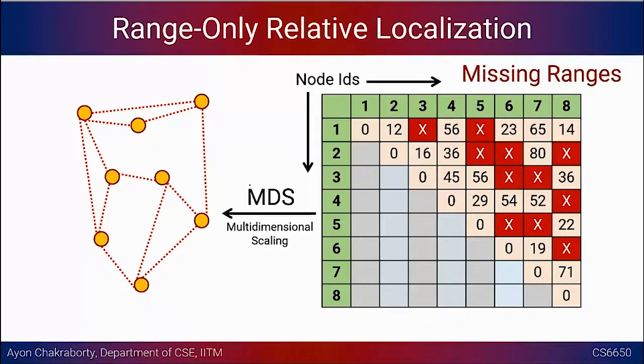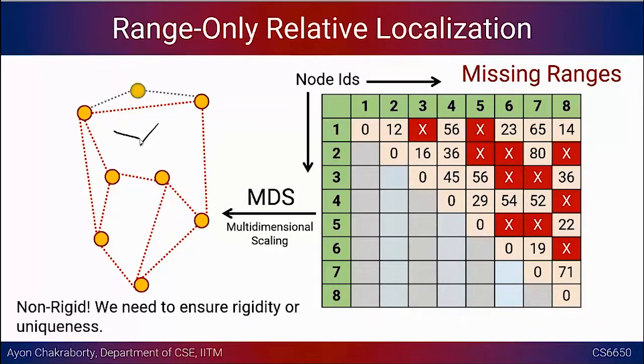What is non-rigid? If you see this portion of the figure, this can actually be flipped to another side, so it doesn't become unique. We call it non-rigid, whereas in the last case where we had a complete EDM, this was a rigid construction. There was no ambiguity about the position of the nodes.